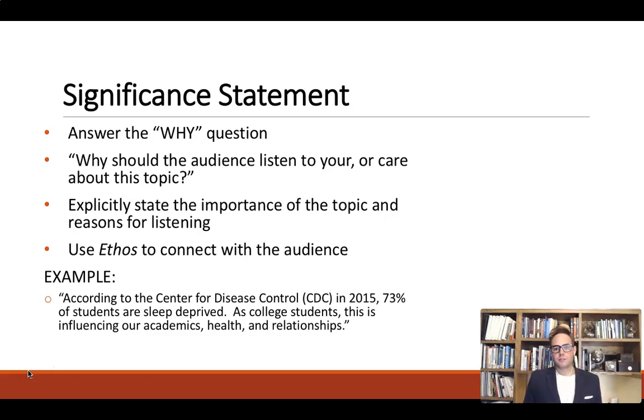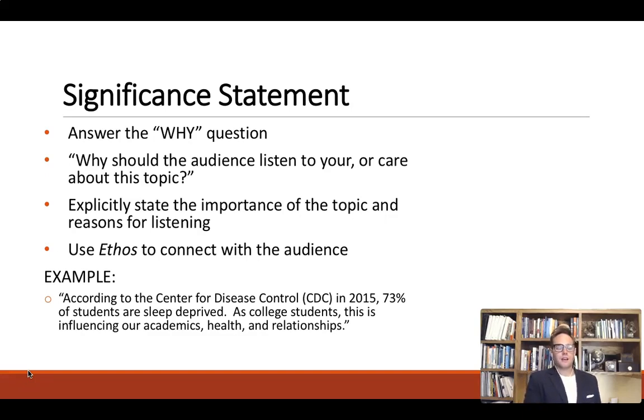One way you could do this is by using pathos. Actually, that's a typo on the slide. Pathos is the emotional appeal to the audience. You could also use ethos, the credibility. So, citing relevant, credible sources to back up the reasons why people should listen.